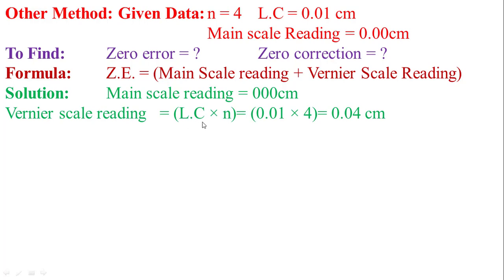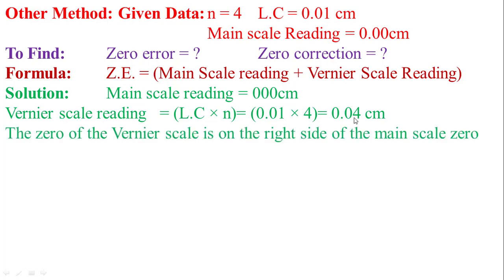Then least count multiplied by n, the number of divisions, is equal to 0.01 multiplied by 4, which is equal to 0.04 centimeter. The zero of the vernier scale is on the right side of the main scale, so the zero error is positive.